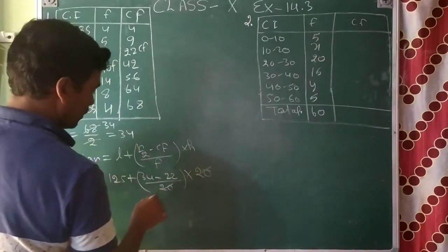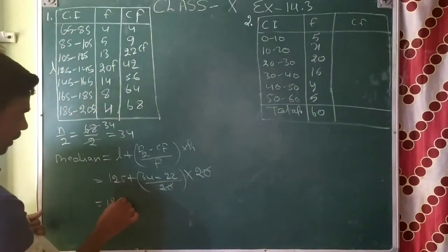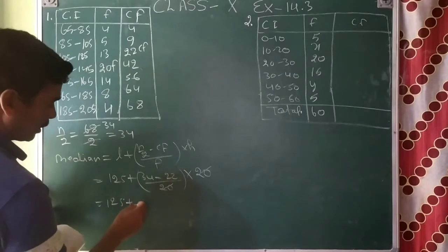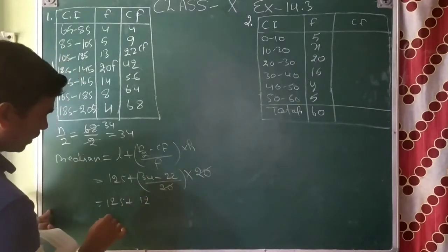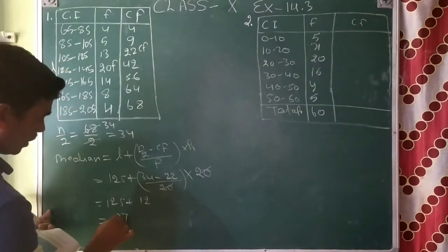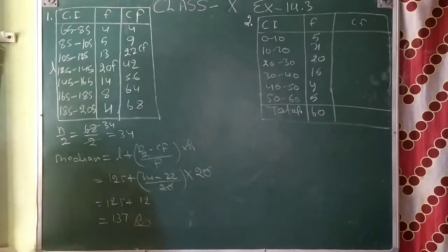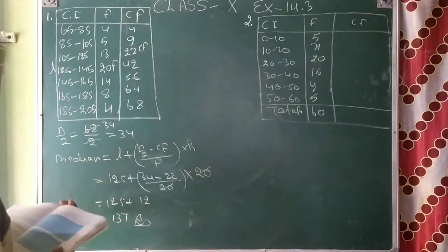So 20 cancels by 20, 125 plus the subtraction 12, it means 137. This 137 is the median.